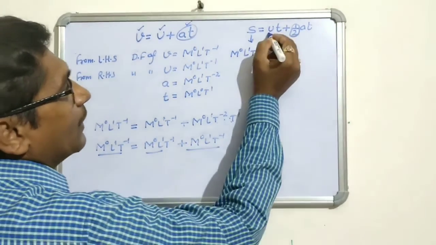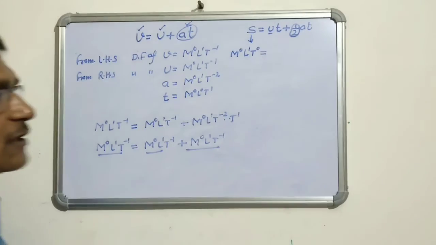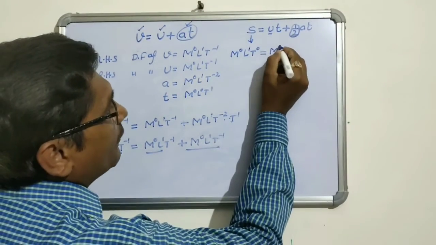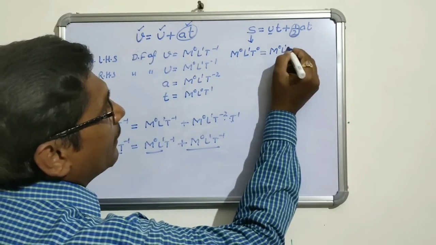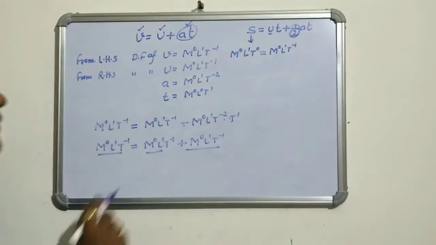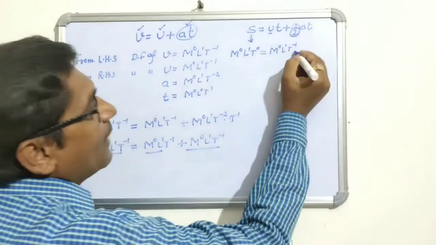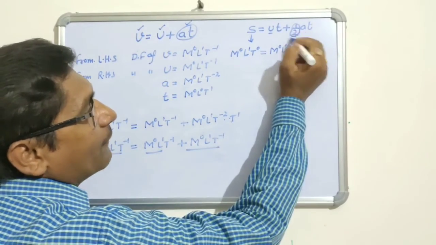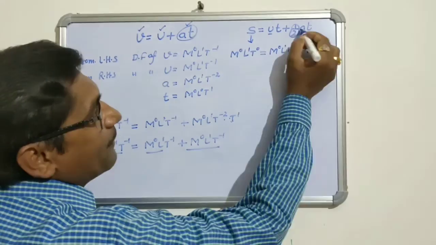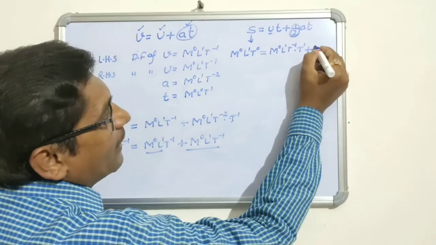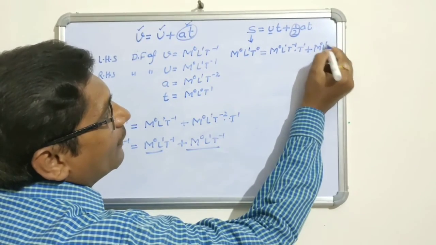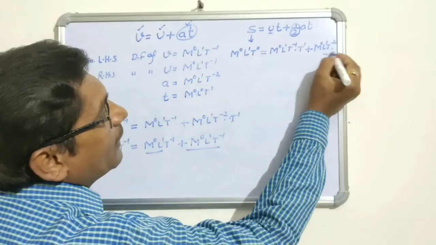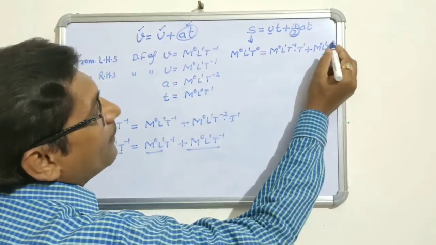U is the initial velocity, with dimensional formula M0 L1 T minus 1, and the dimensional formula of time is T1. Half has no dimensional formula. The dimensional formula of acceleration is M0 L1 T minus 2, multiplied by T.